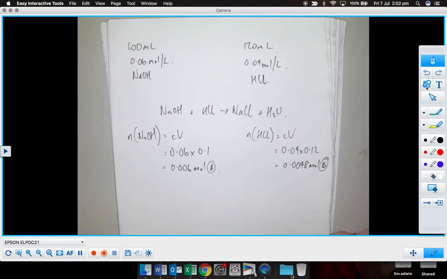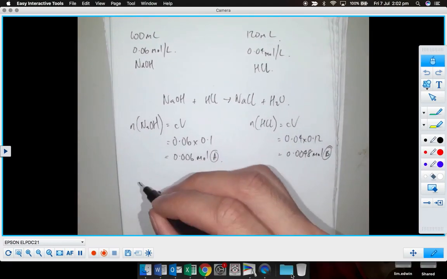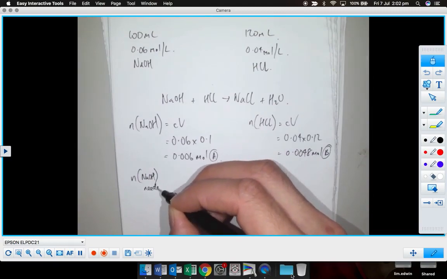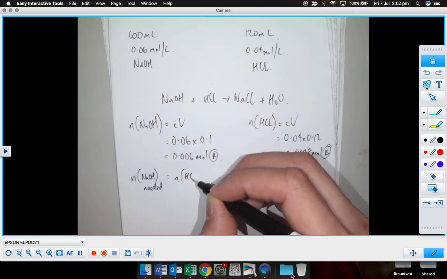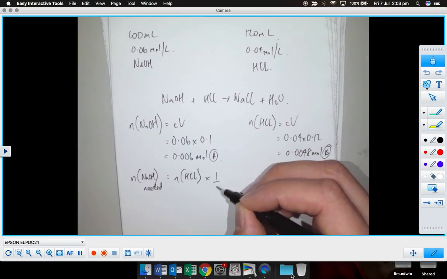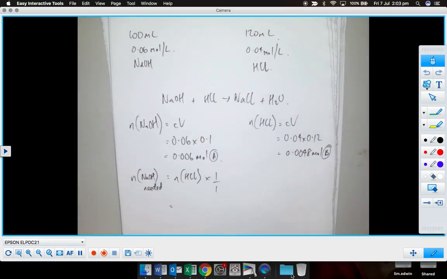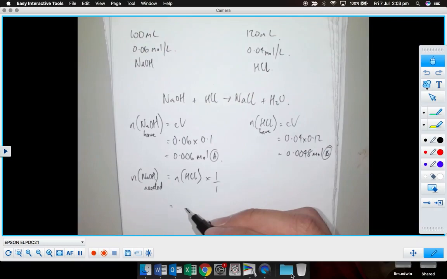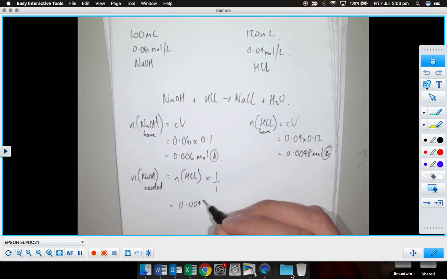Remember, you've got to do the full limiting reagent working here, so the number of moles of NaOH needed will be equal to the number of moles of HCl times 1 on 1, because you've got a 1 to 1 ratio over here on the equation, and this will be 0.0048 mole. Then I compare my needed, which is this much here, versus how much I have, which one is greater.